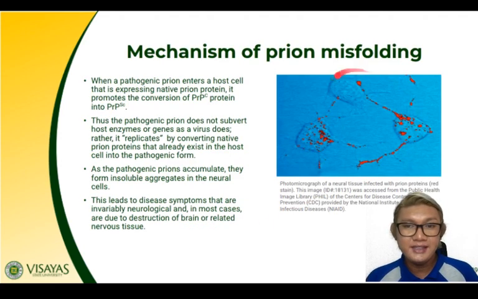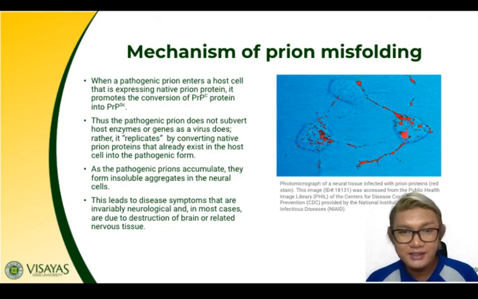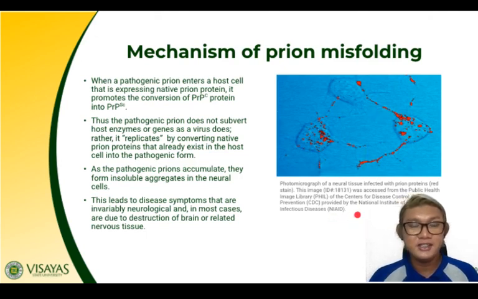So you have here an example of neural tissue with infection of a prion protein. The red stain, those are the prions that are infecting a particular neural cell and causing disease.